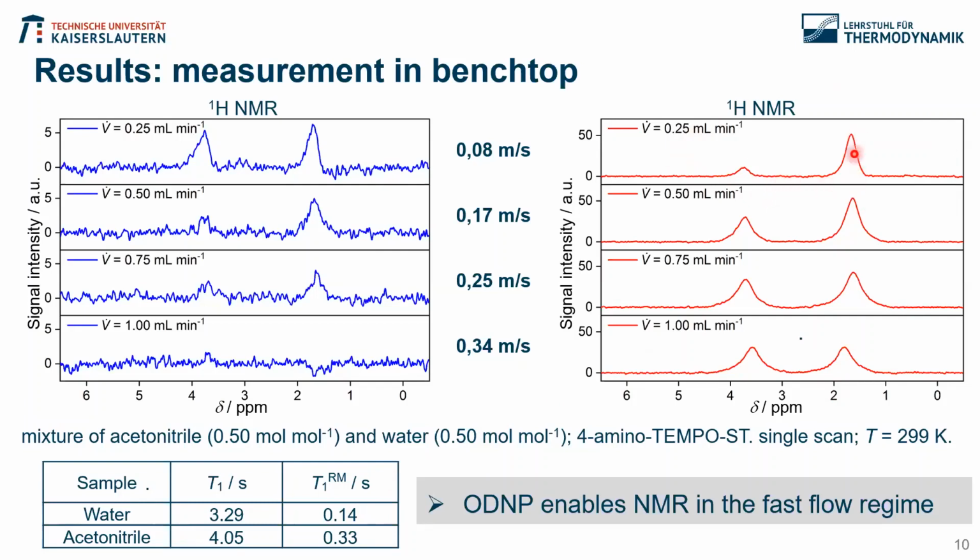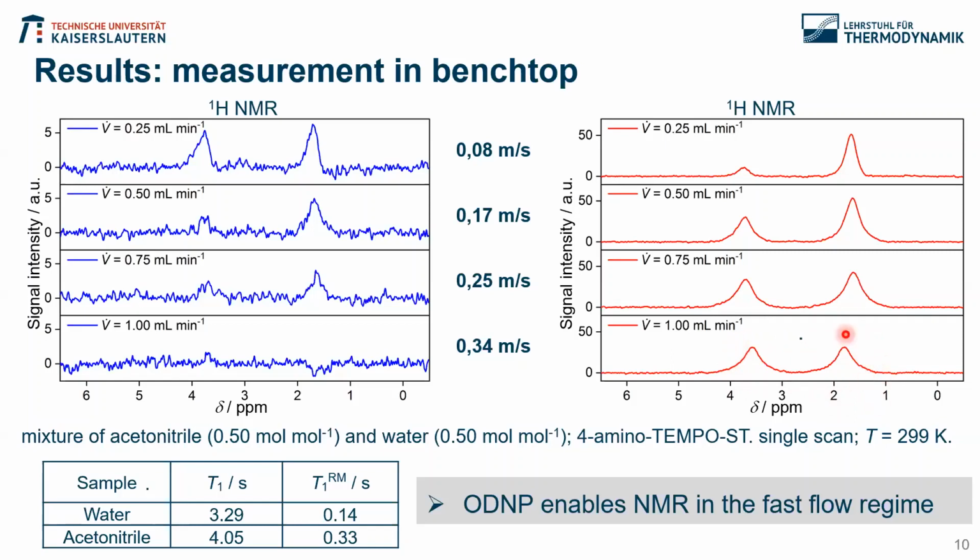So this is the peak of acetonitrile, and that's the one of water, and you see the water peak is much smaller here, and that is because at these tiny flow rates, the hyperpolarization relaxes already during the transport step. So if we go to higher flow rates, you see that this problem vanishes and we get more or less the same signal to noise for acetonitrile and water.